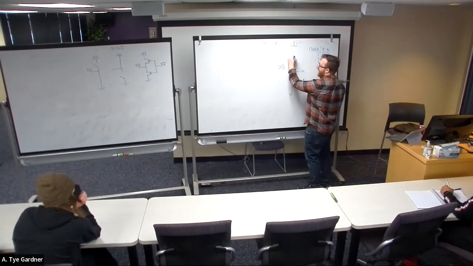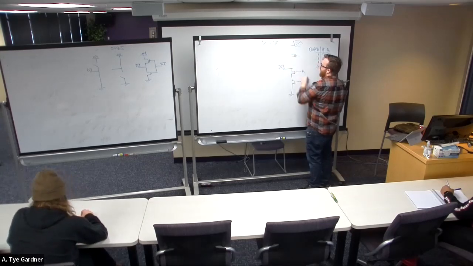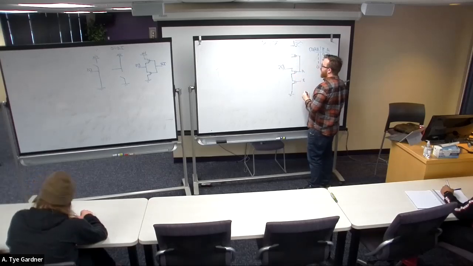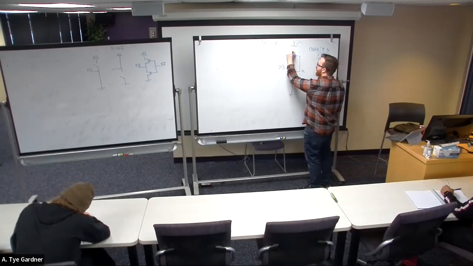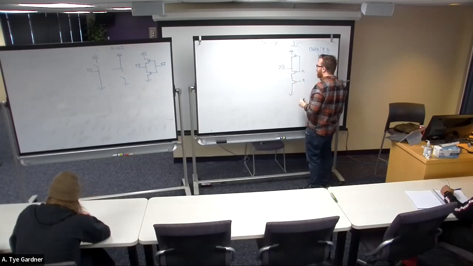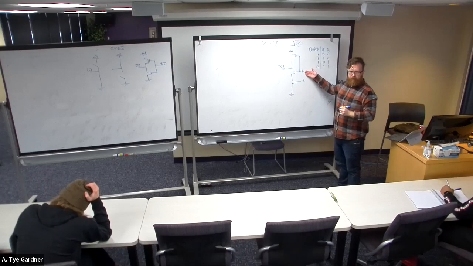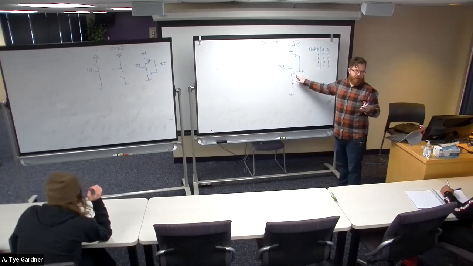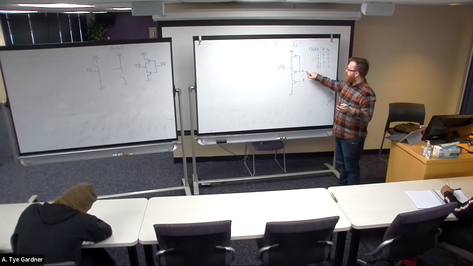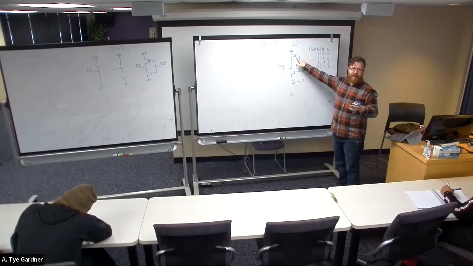Okay, so now let's go build our pull up. What we want the pull up to do is use a PMOS device, call it A. If A is 0, this one closes and it's on.